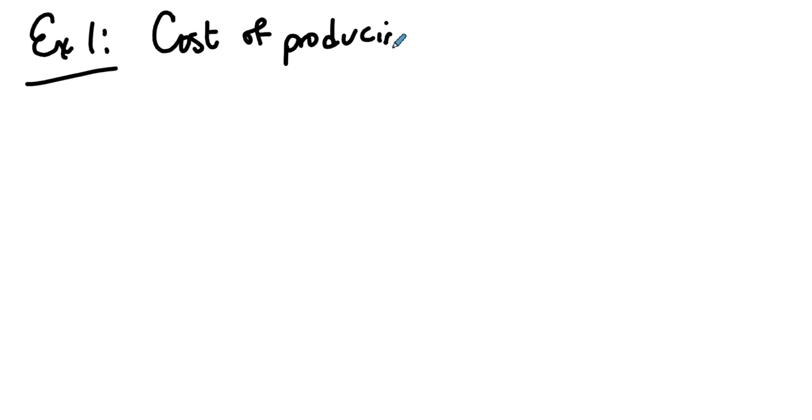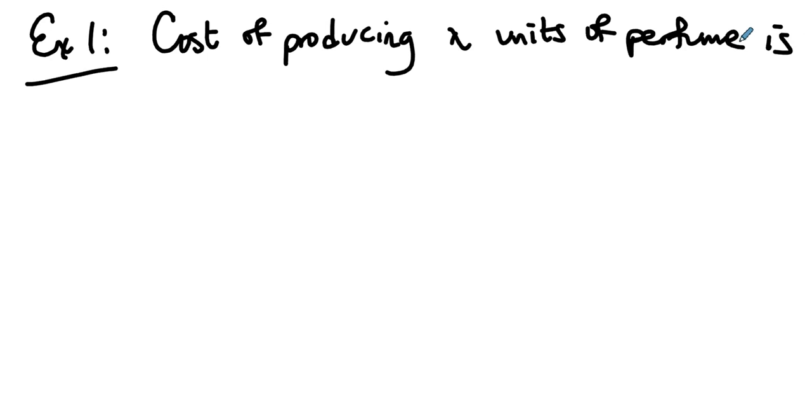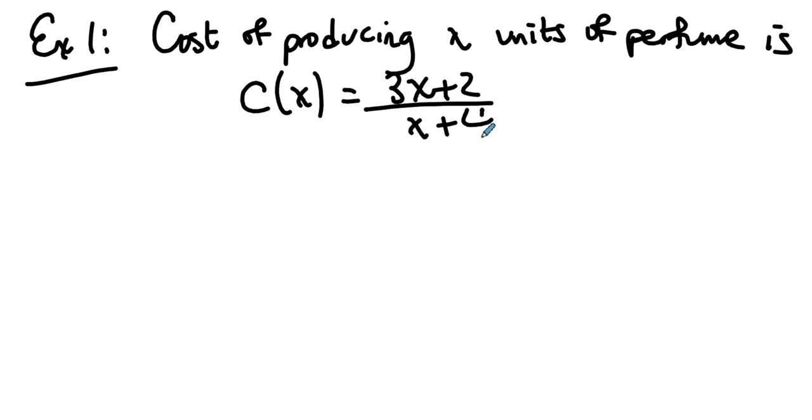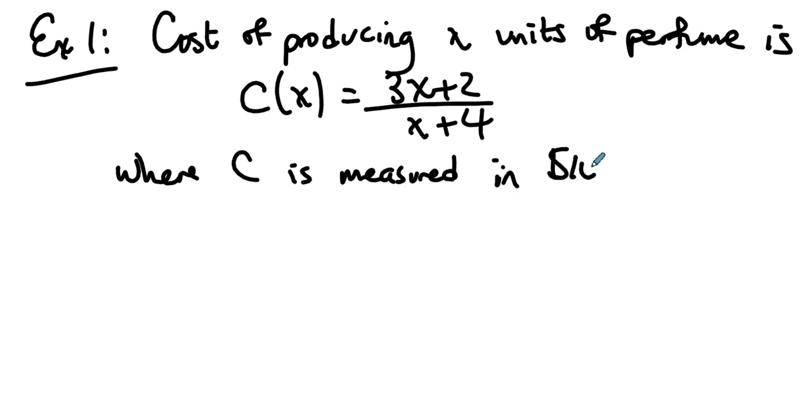So let's try this. Let's suppose that the cost of producing x units of perfume is C of x equals (3x plus 2) over (x plus 4), where C is measured in hundreds of dollars.